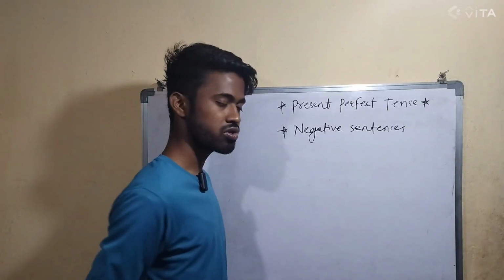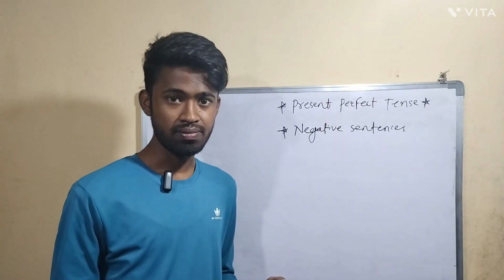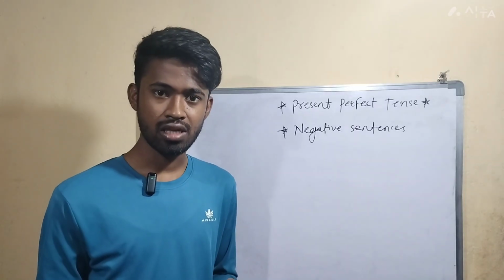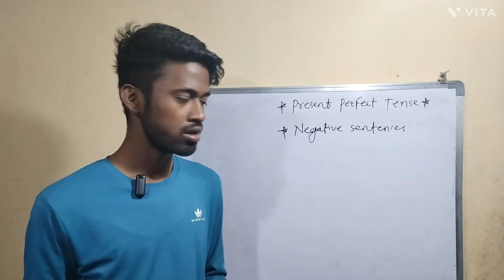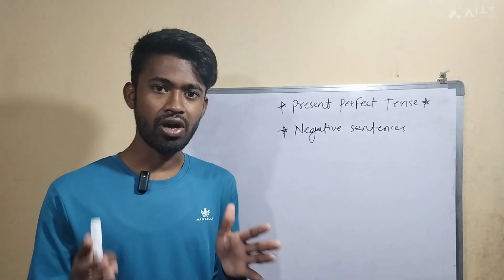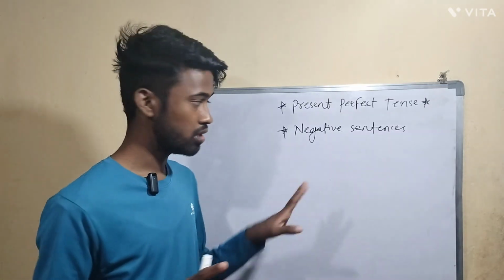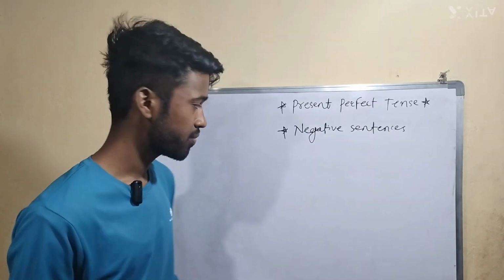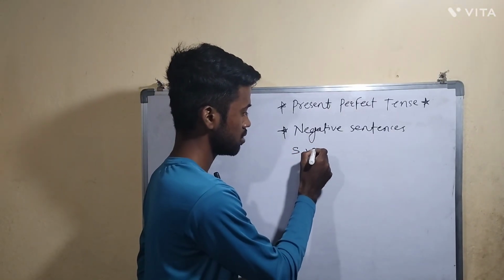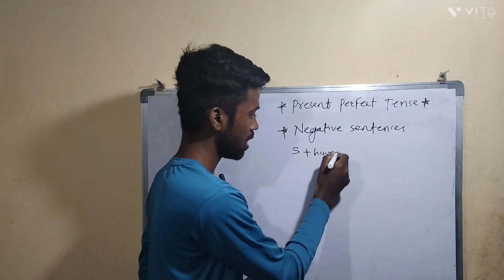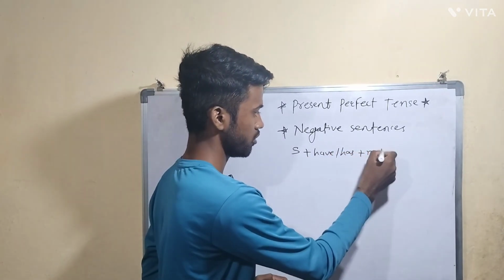So what is the positive structure in present perfect tense? Subject plus has or have plus third form of verb plus object, right? Likewise here, just after the helping verb you need to add not. That's it, and it will become a negative sentence. So let's see here: subject plus have or has plus not, not for negative.